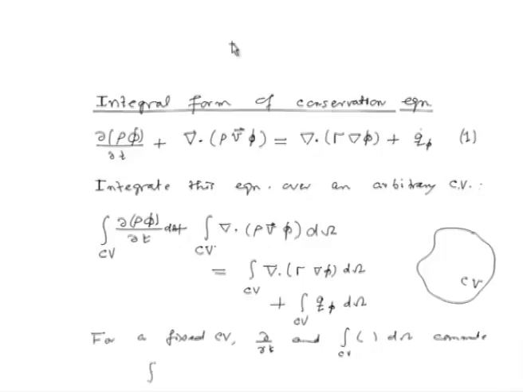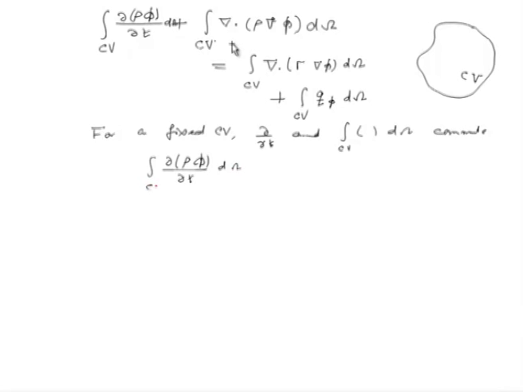So, that is why we can write this integral of del rho phi by del t d omega over CV as the time derivative of the integral of rho phi d omega over CV. Now, these two integrals which involve the divergence operators correspond to convective and diffusive fluxes respectively. Now, these can be transformed using the Gauss divergence theorem.